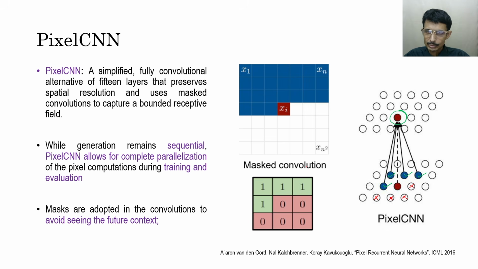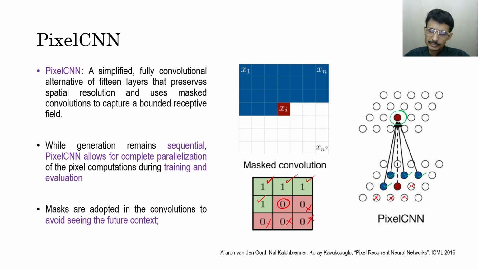That is called masked convolution. So this is the convolution: you see the 1s here for the generated pixels, but this pixel is the one we actually have to predict, and these others are masked.